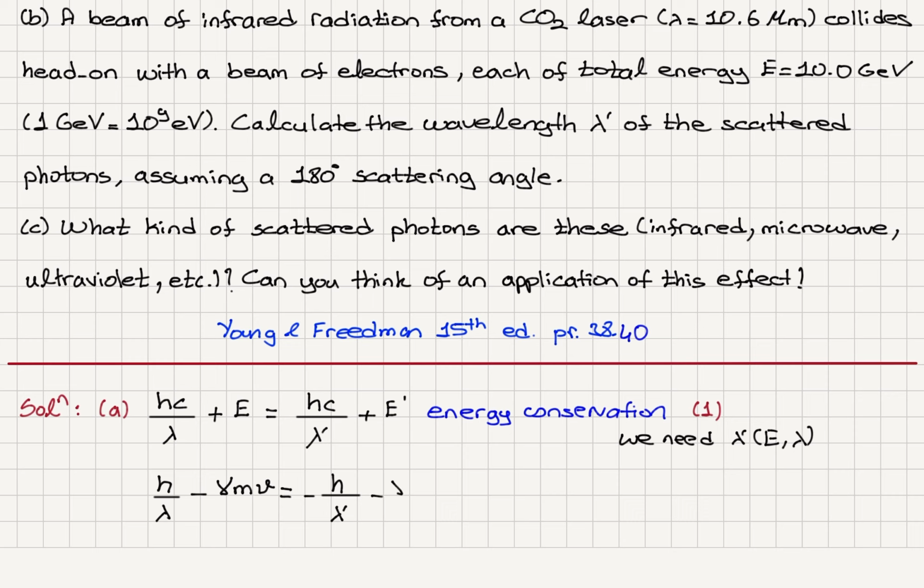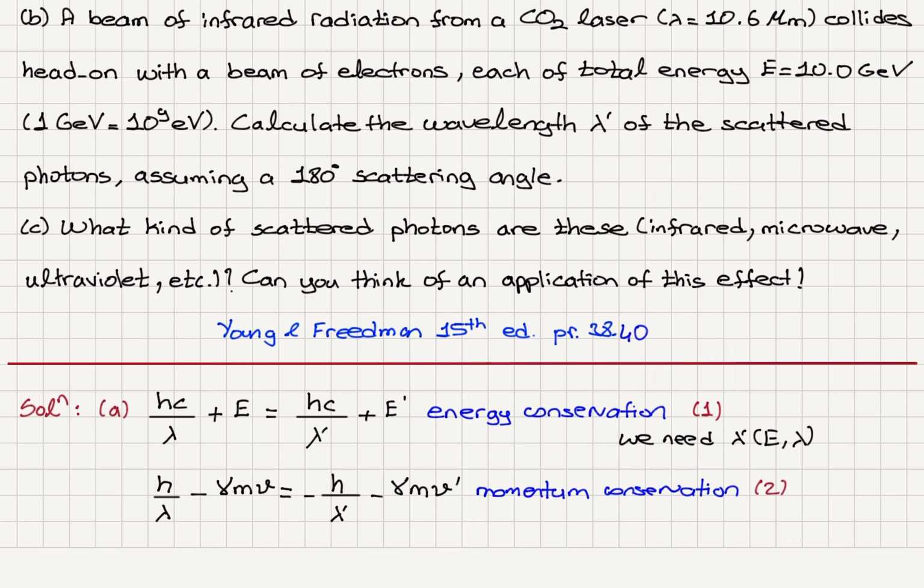And then we have the electron moving in the minus x direction, minus gamma m v prime. That is the momentum conservation equation, and let's call this the second equation.